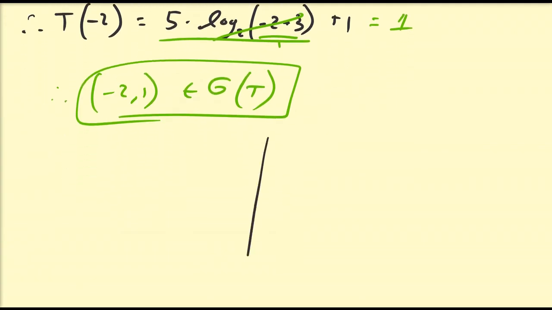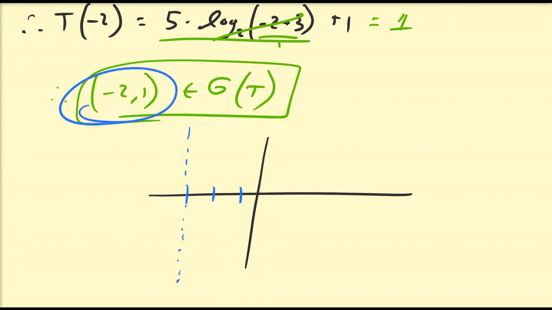So let's begin graphing this. Remember, we have a vertical asymptote at negative 3, so let's begin by graphing that. And we have this point negative 2, 1. So if we graph negative 2, 1, so 1 is up here, it's going to pass through this point, and then we can extrapolate all the other values, right?